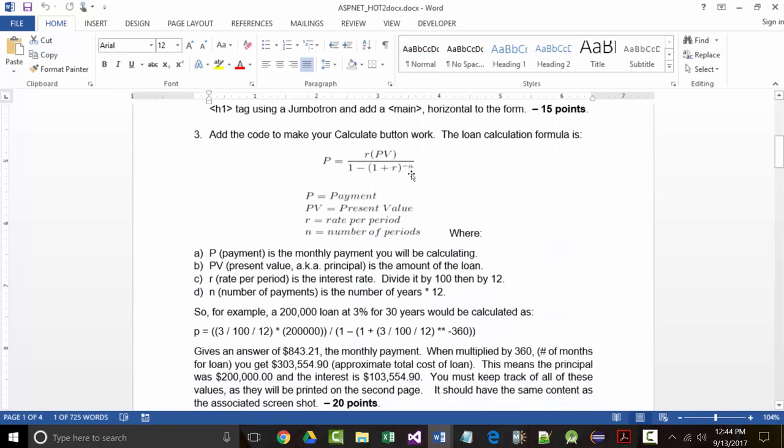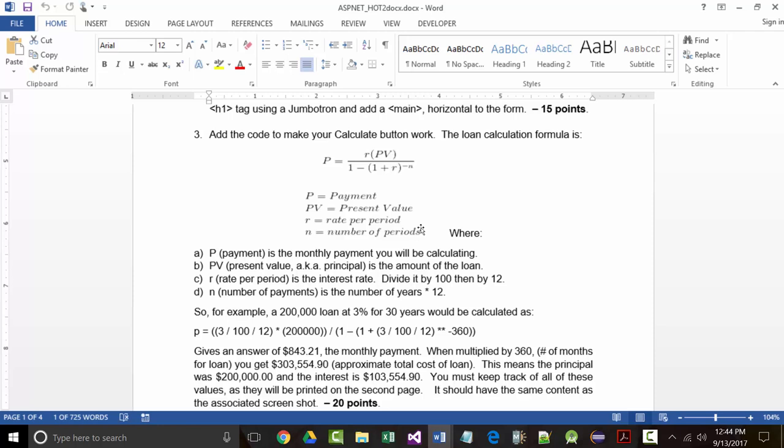On the formula, some of you, I don't know if you were confused or what, but the formula that you see up there, the P equals and all the other stuff, first of all, this is really one line. Could you have broken it up into two lines? Yes, but then you would have had to combine them. This, as it says, was the rate per period.